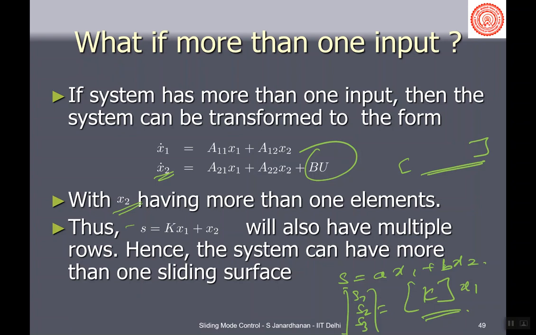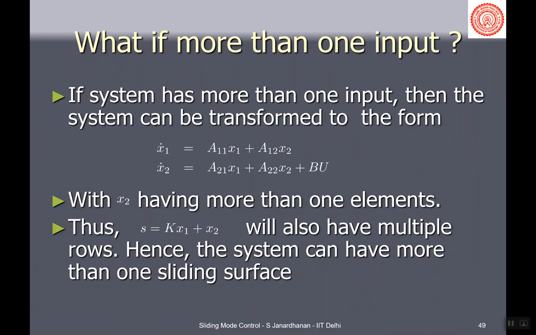Basically, if you have an nth order system with one sliding surface, this sliding surface is a surface of dimension n minus 1. So if you have a second order system with one input, the sliding surface is a line.